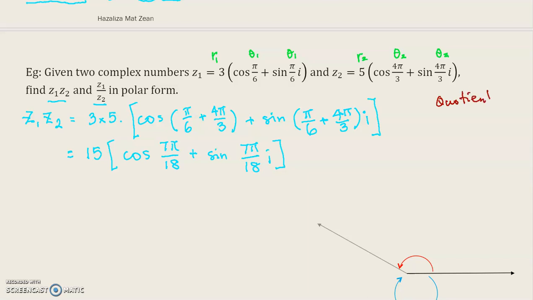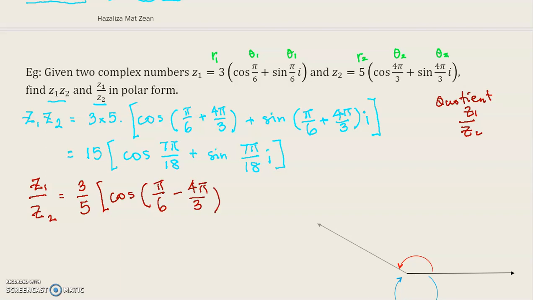The quotient Z1 over Z2 is 3 over 5, you can refer to the formula, and cosine of pi over 6 minus 4 pi over 3, plus i sine of pi over 6 minus 4 pi over 3.